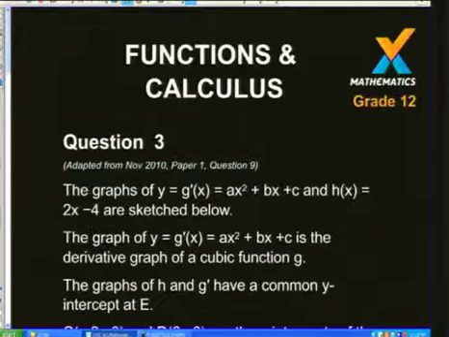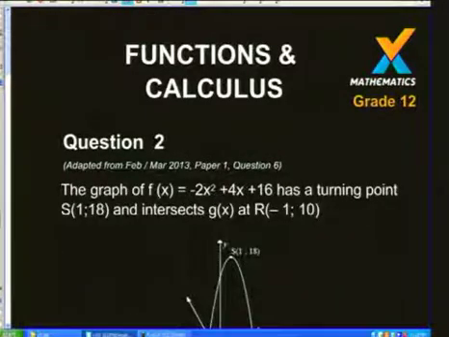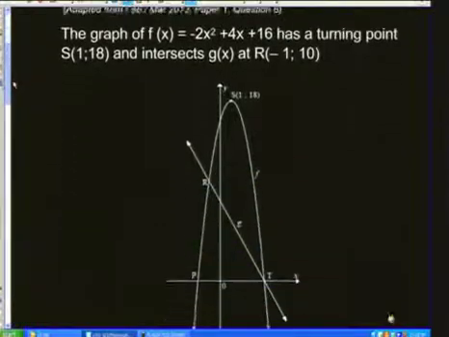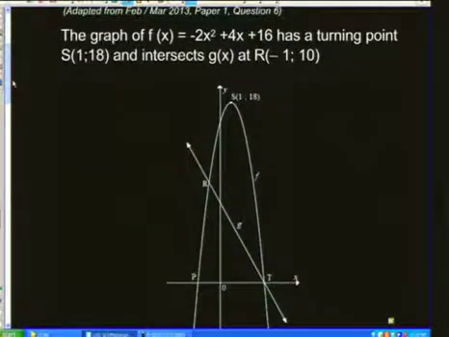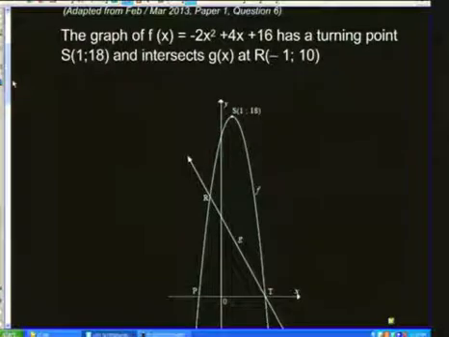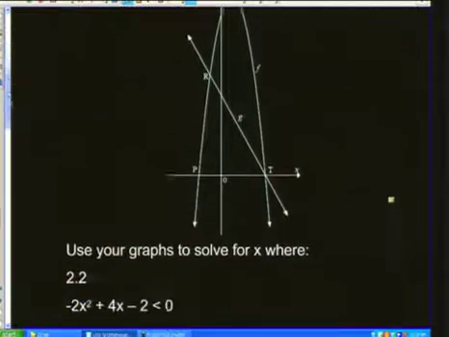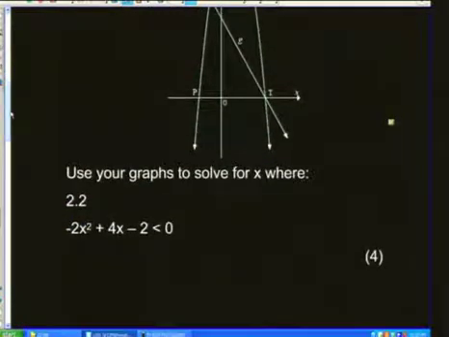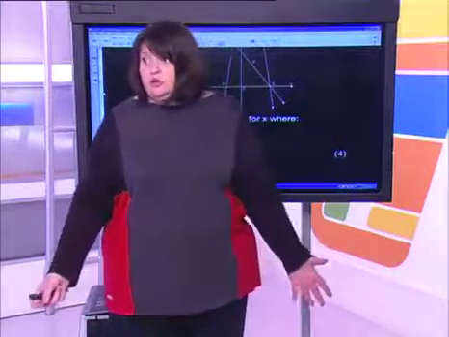And this next question, oh, I think I've gone a little bit too far, have I? Yes, I have. One back. This next question I think is particularly nice. It says the graph of the same graphs, there's my picture, but this time they're asking me something a bit different. They say use your graph. Now, if they say use your graph, can you do it another way? No. Otherwise, why are they saying use your graph?